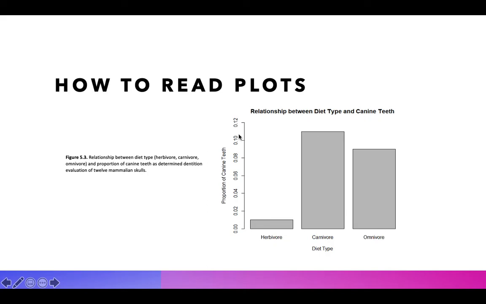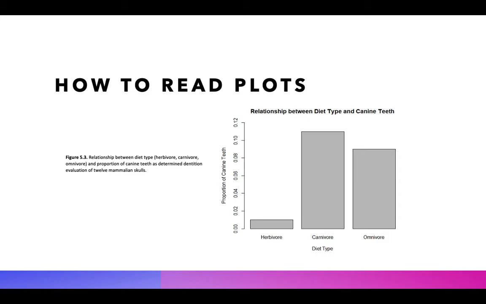Units, I'm sure, would make more sense with the paper. But since it's a proportion, it'll probably be bits of length, but proportionally compared. And then data points represent the size of the canine teeth in proportion to the rest of your dentition, essentially.